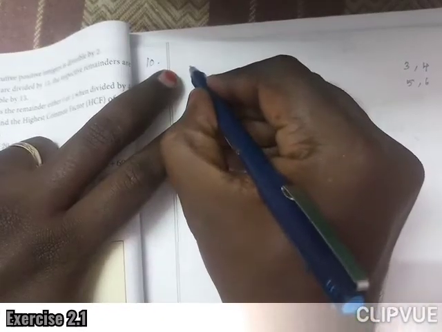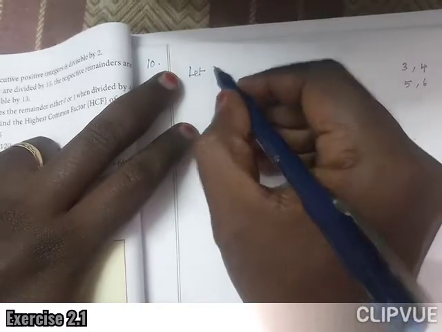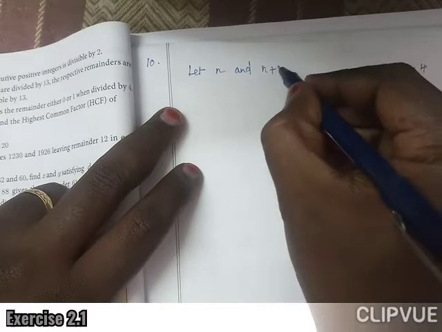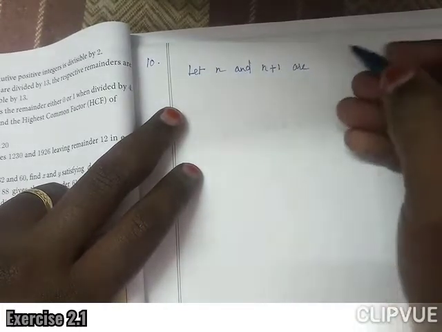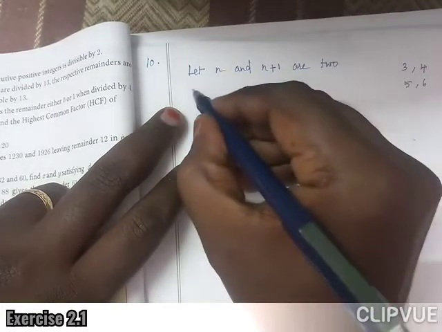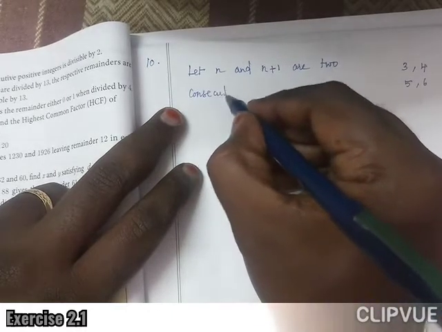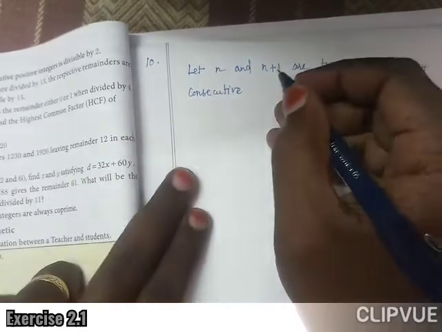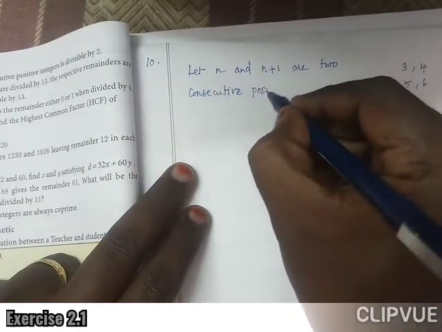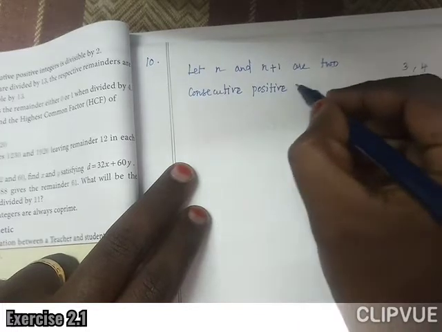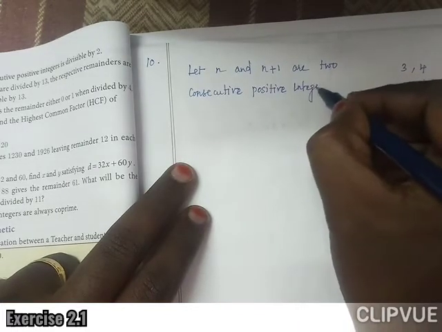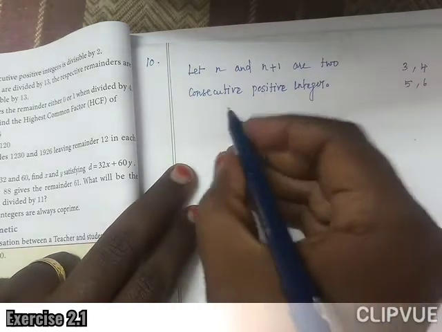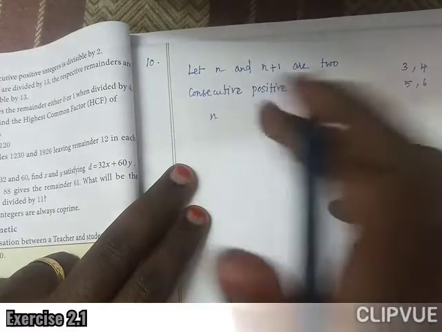So I am going to take n and n plus 1, two consecutive positive integers. So the first number is odd.